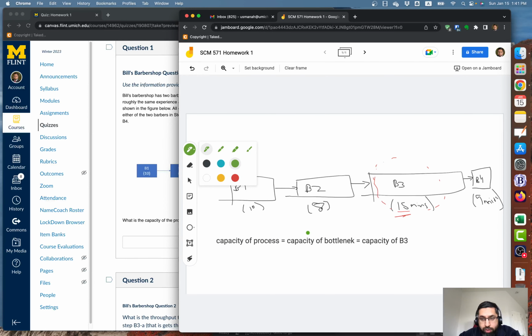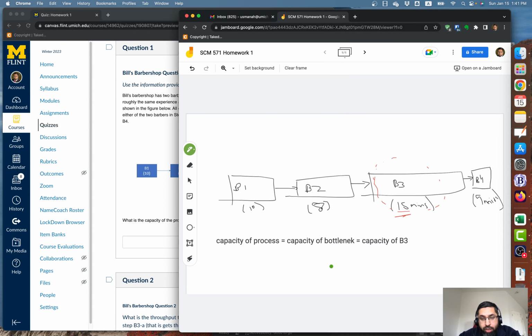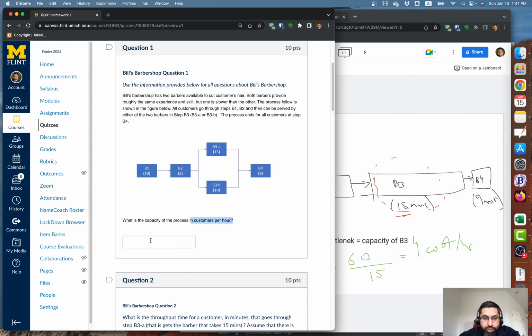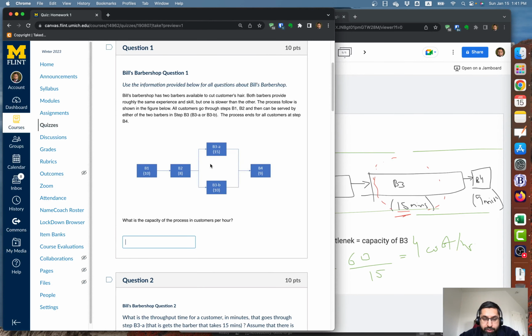Well, we know that cycle time is 15 minutes and we need capacity in customers per hour. 1 hour has 60 minutes, so we divide 60 by the cycle time, which is 15, and we would get 4 customers per hour. Now we can't plug in 4 here because this 4 customers per hour is for this process, and the real process we have to analyze is a little bit different.